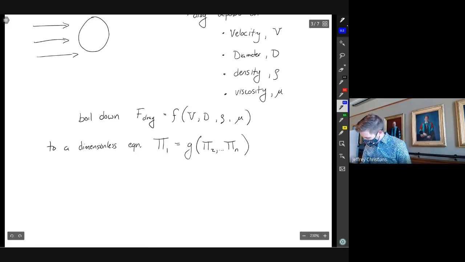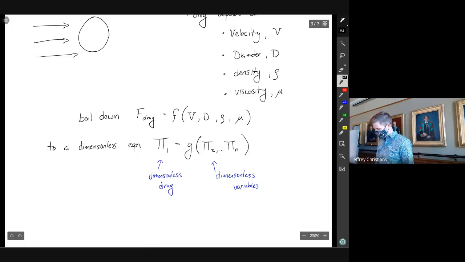So this would be like a dimensionless drag, and these would be dimensionless variables. And this is only helpful if we boil it down so there are fewer variables in the system after we do this than there were before.